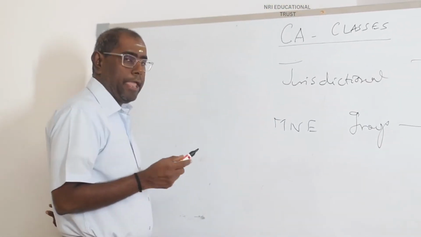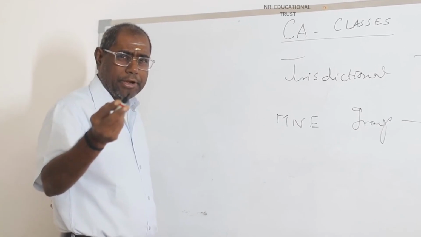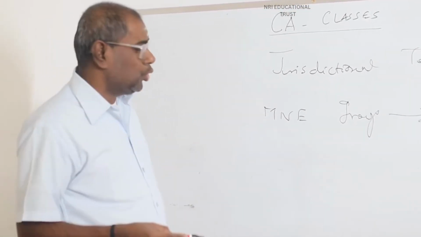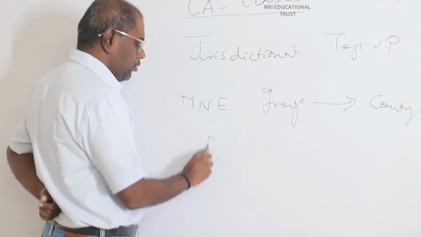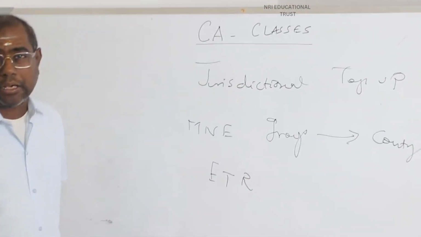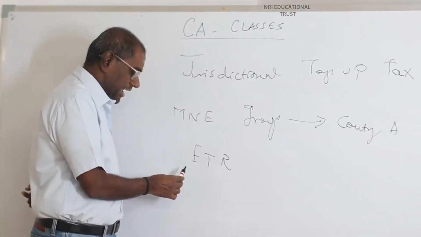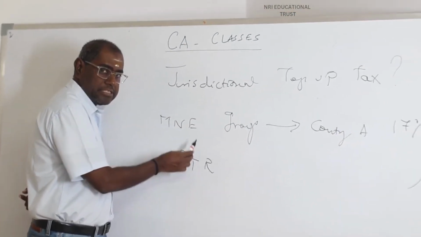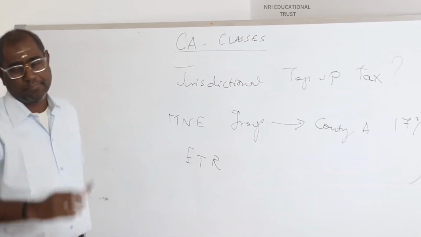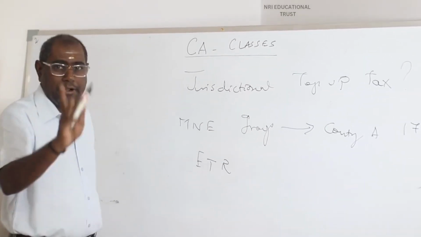Now, the M&E group is required as part of the Globee rule to compute a component called ETR. ETR is nothing but effective tax rate. It needs to be calculated of that country.